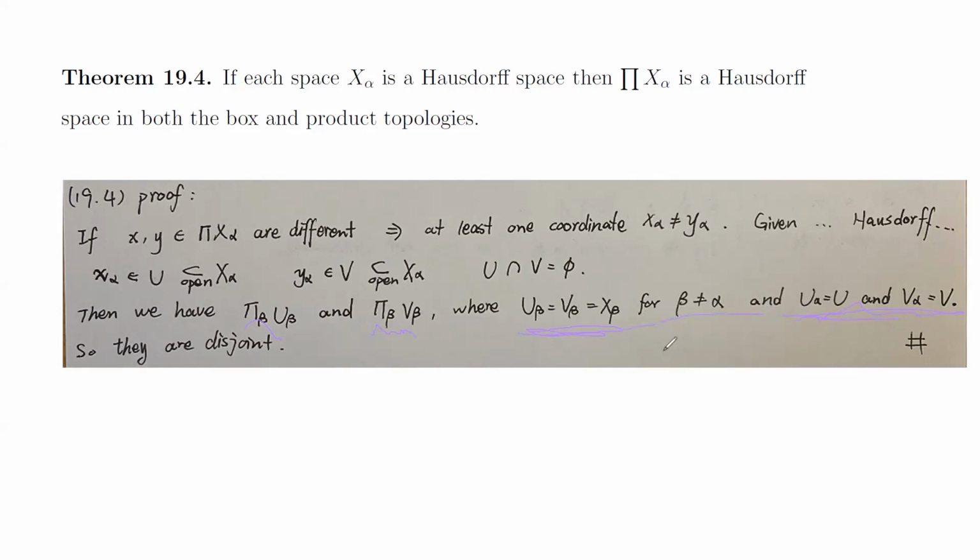Some U beta and V beta may be the same, but because we have already found U and V which are not the same, the whole things are disjoint.